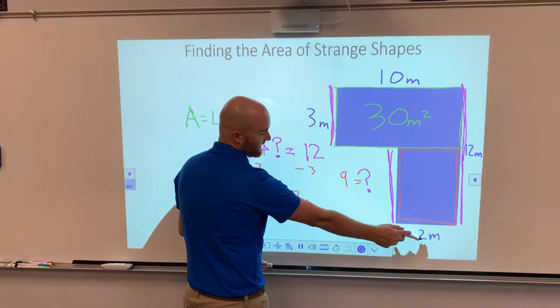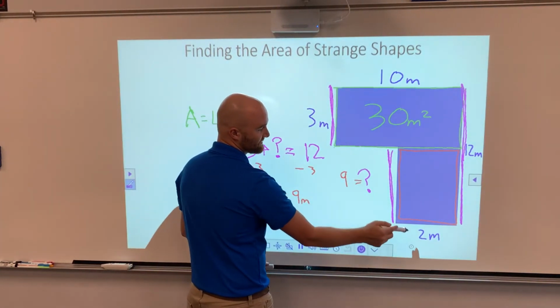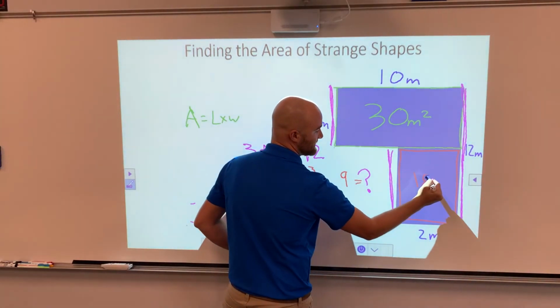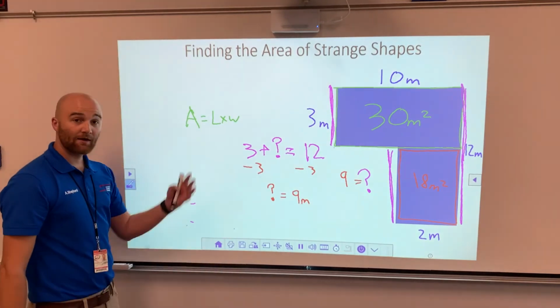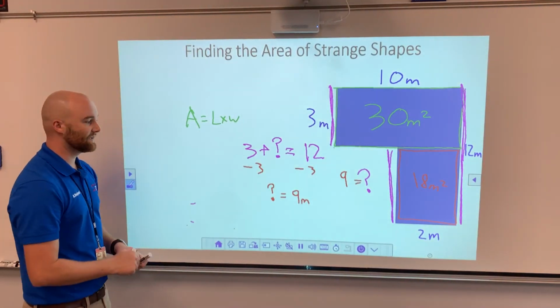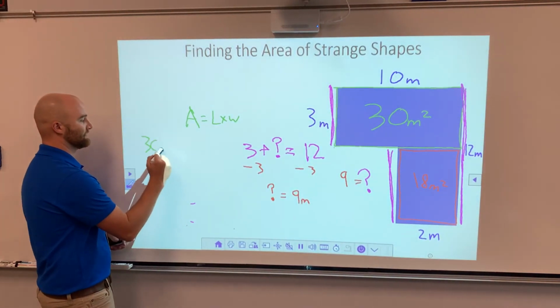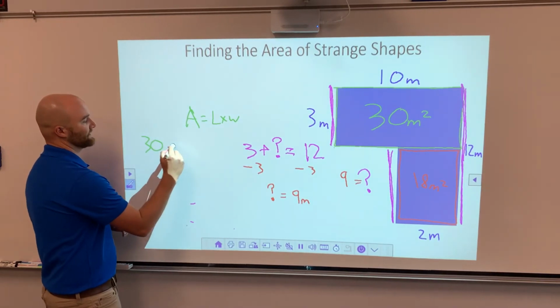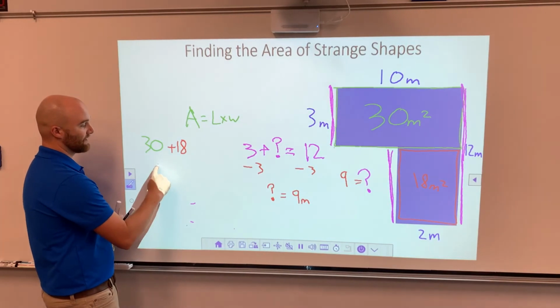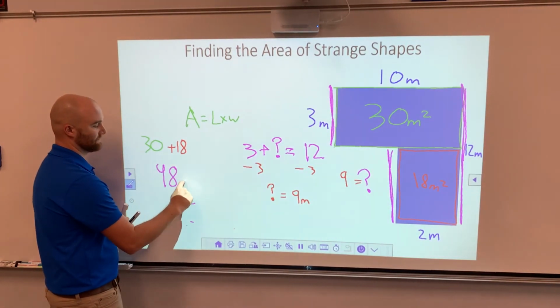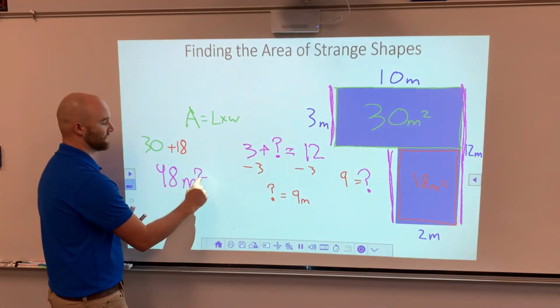The area is the length times the width, so 2 times 9, which will give us 18 meters squared. Now I've found both parts and I can add them together. The 30 meters squared plus the 18 meters squared will give us our answer of 48 meters squared.